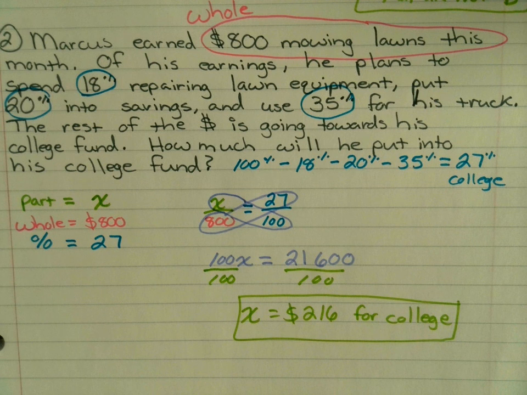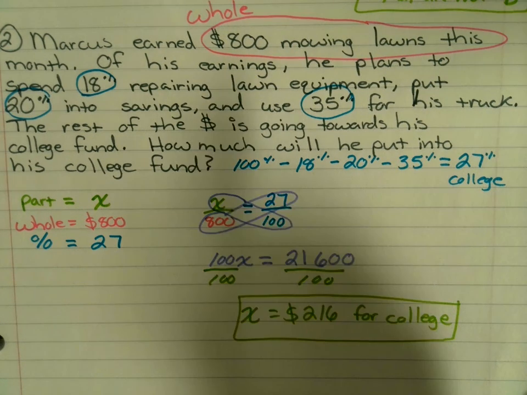Angel? You subtracted that from 800? Uh-huh. 216. Yeah, that's another way that you could do it. There's two different ways that you could do it. It's the same thing for up here. Up here, you could have used 25%.